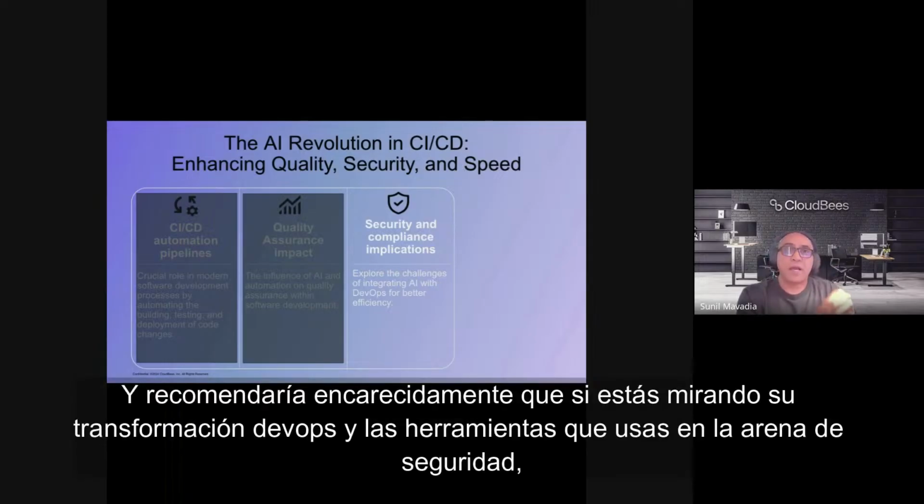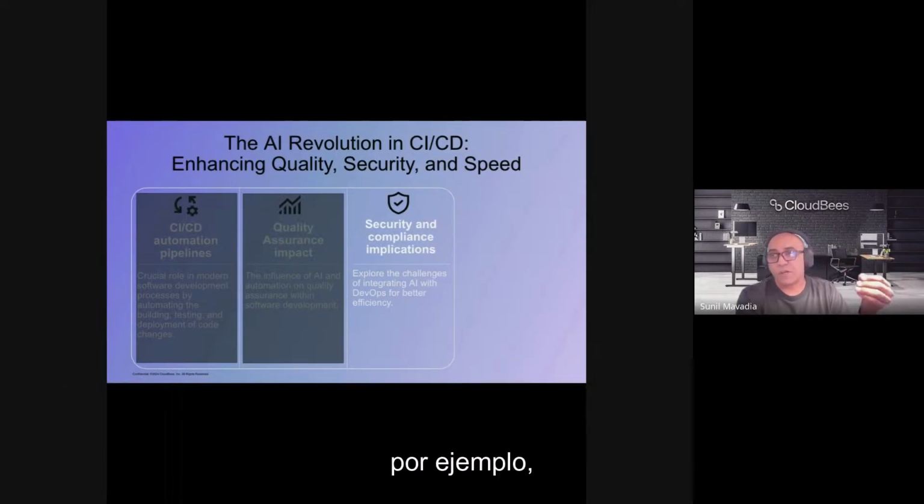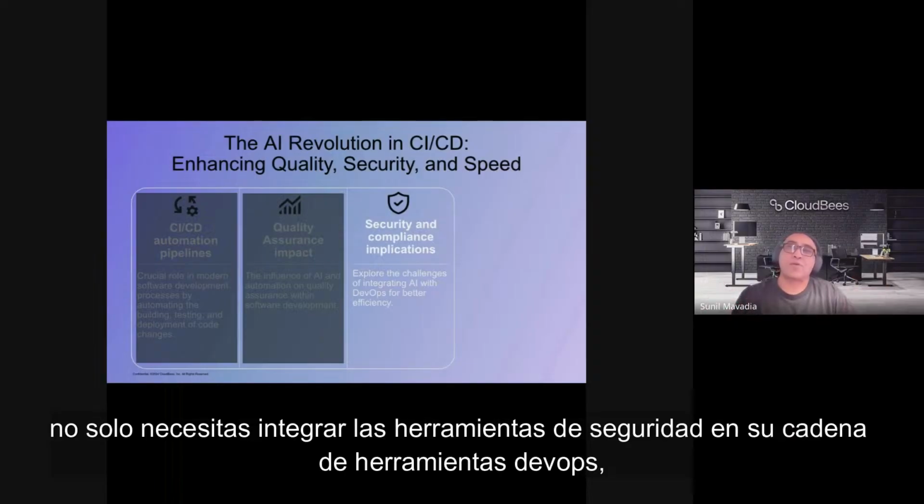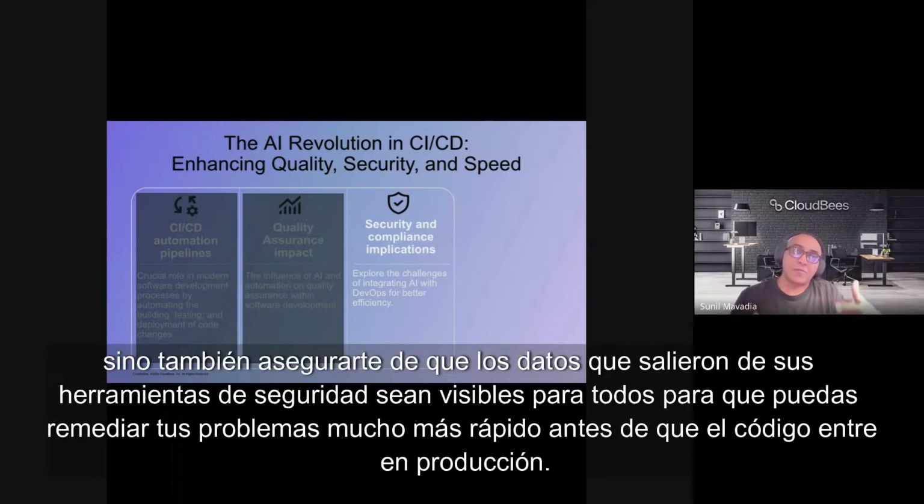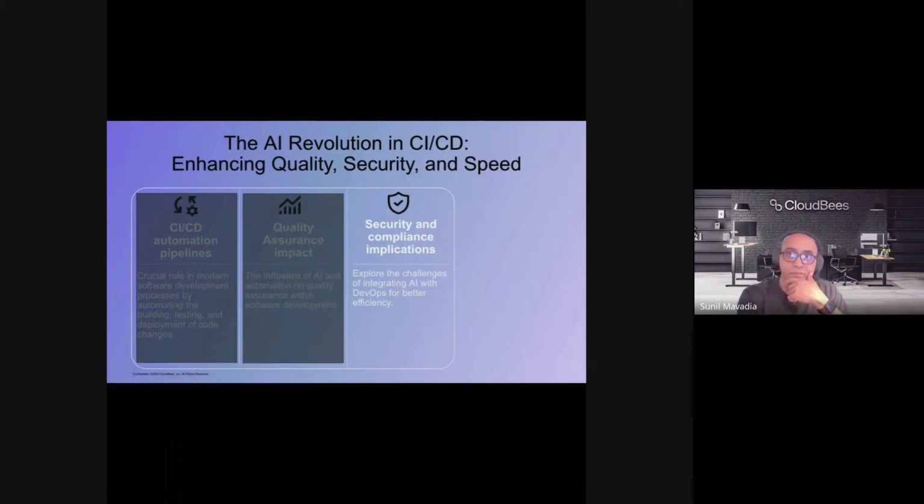And I would highly recommend that if you're looking at your DevOps transformation and the tools that you use in the security arena, for example, you need to not only integrate those security tools into your DevOps toolchain, but also make sure that the data that comes out of your security tools is visible to everybody, so that you can remediate your problems a whole lot faster before code goes to production.